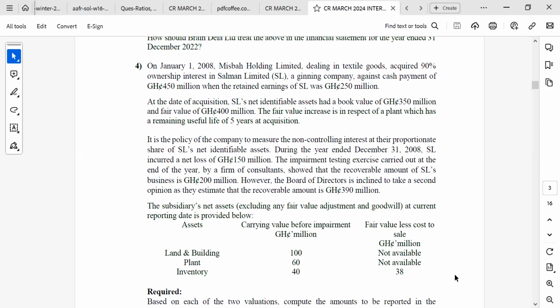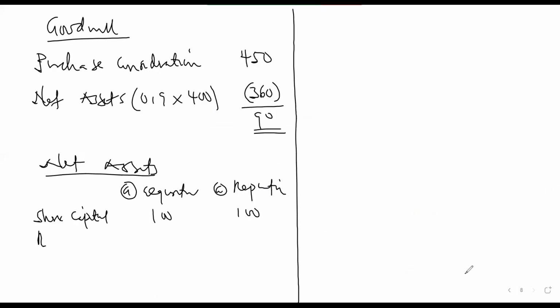And the identifiable net asset had a book value of what? 350. The book value will be of only the share capital and then the retained earnings. That is the net asset. So if the retained earnings is 250 and the net asset is 350, it means that the share capital is 100. Okay. So you have the retained earnings of 250.